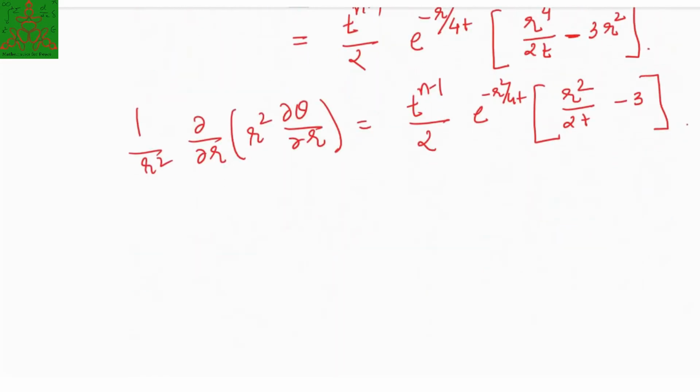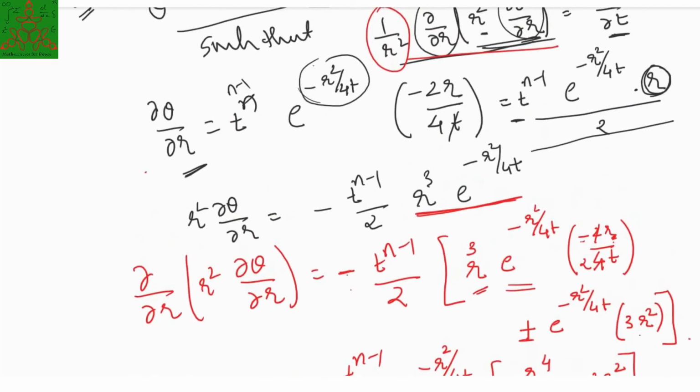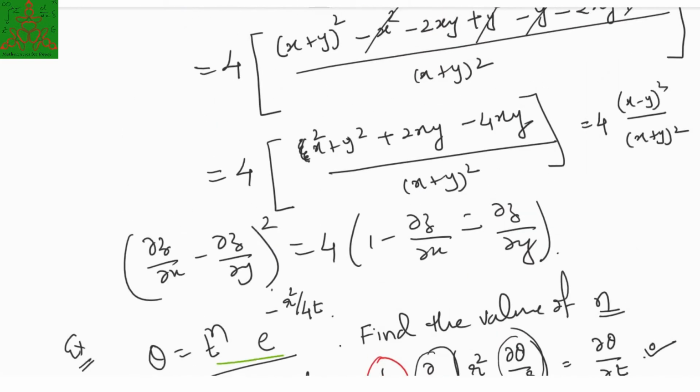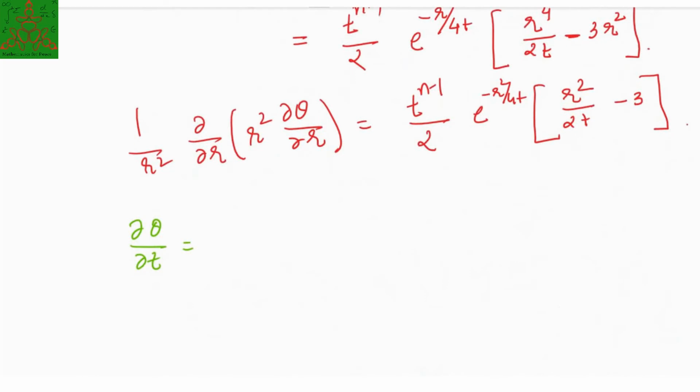Now let us calculate the other quantity, that is del theta by del t. What is del theta by del t? The theta is this t power n e power minus r square by 4t. So that is del by del t of t power n e power minus r square by 4t. Here this contains a function of t, this also contains a function of t, so the product rule is applied.